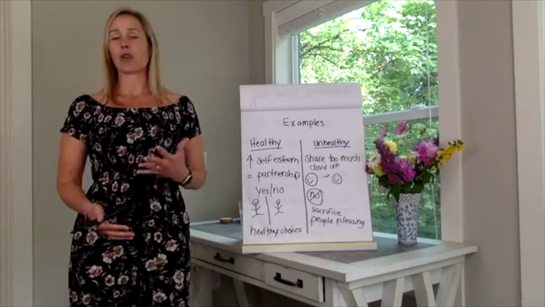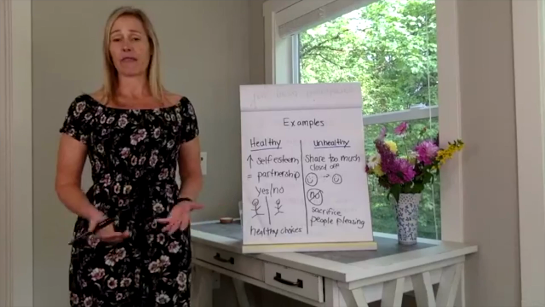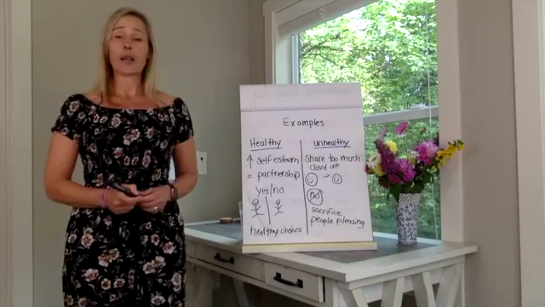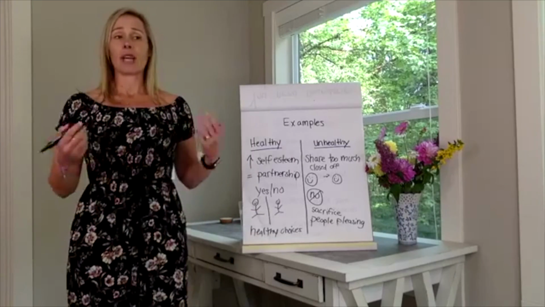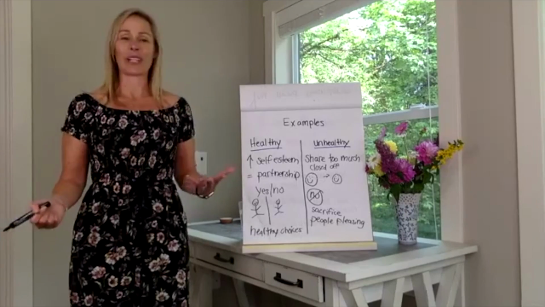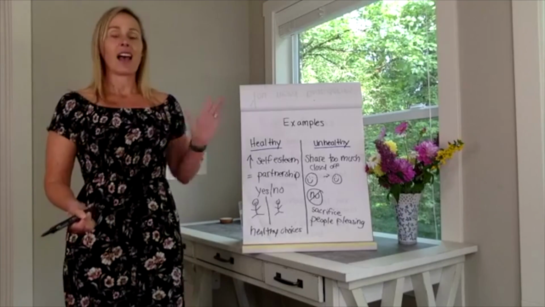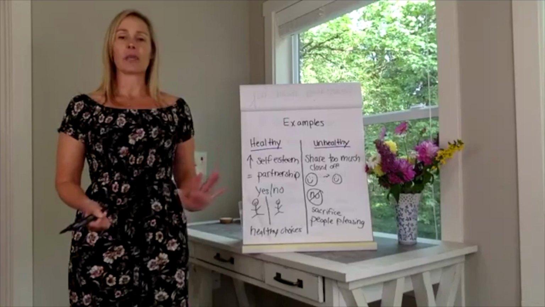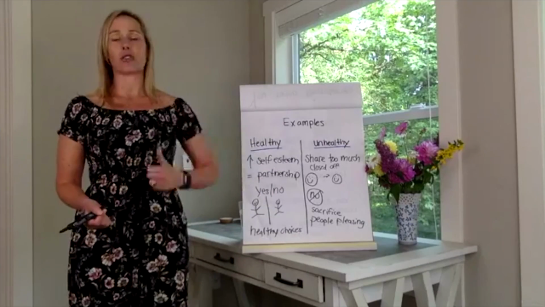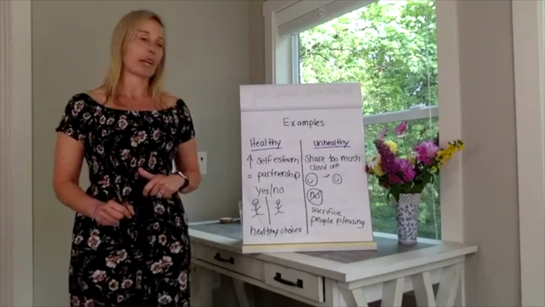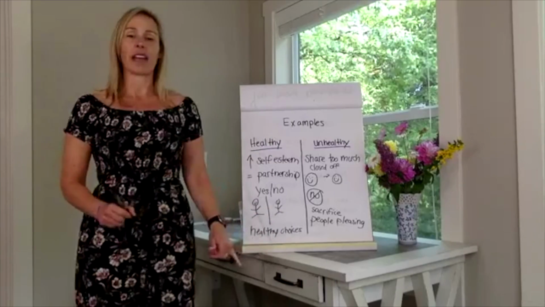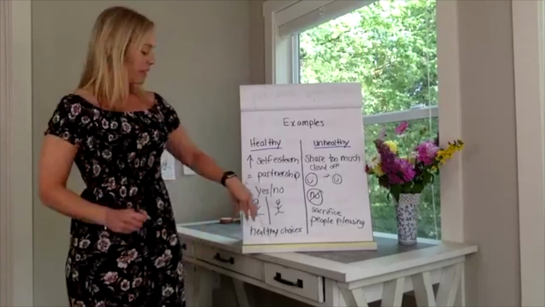But that was in tribal days when it was imperative for survival. We're not in tribal days anymore. And I'm not saying don't fit in to the point where you are an outcast. I mean, don't please people to the detriment of your well-being, okay? That is an example of an unhealthy boundary.